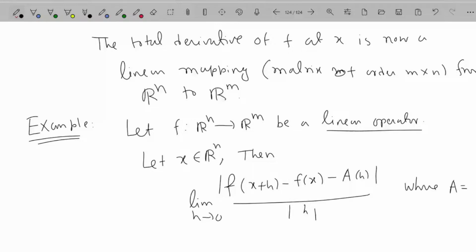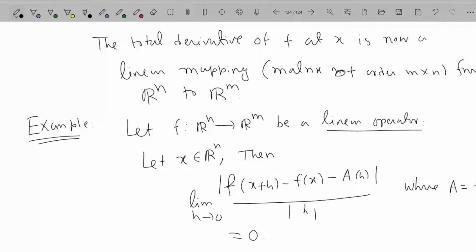If we take A as f itself, then what value do we get? This will be equal to 0. So you see that if we have a linear operator, then the function is differentiable at each point in Rn, and the derivative at that point is nothing but the function itself.